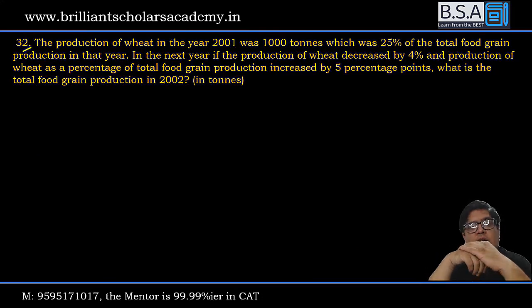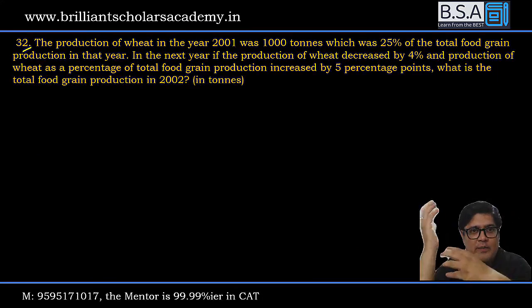The production of wheat in the year 2001 was 1000 tons, which was 25% of total food grain production in that year. So wheat is 25% of total.